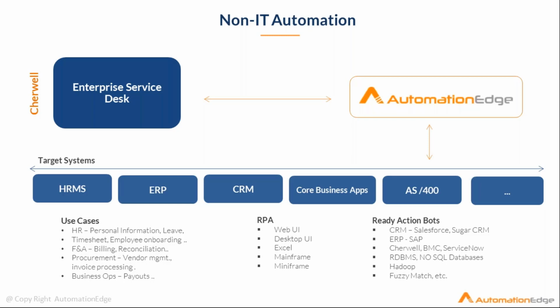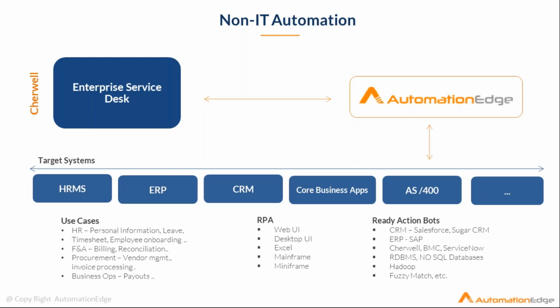When they put that request to the HR function, somebody from HR goes to an HRMS system like Oracle or SAP or PeopleSoft, and updates the personal information on behalf of the employee. And that's how it works currently.